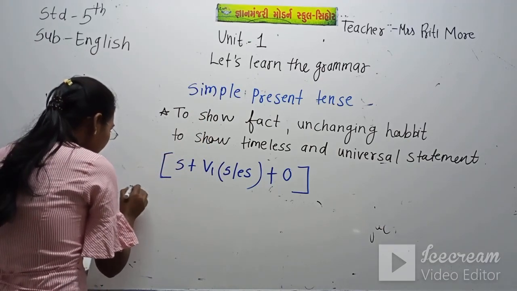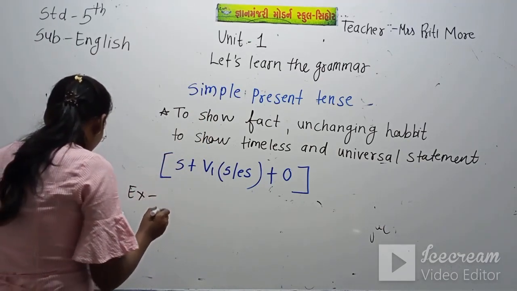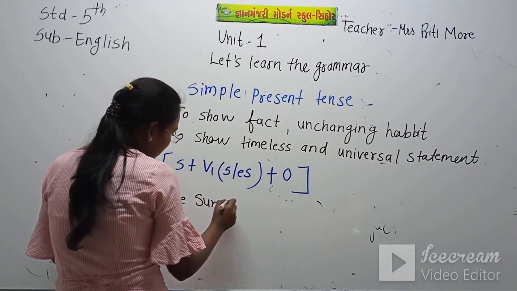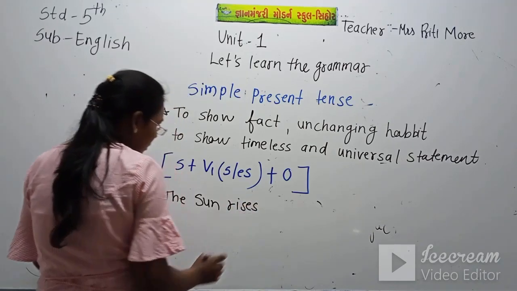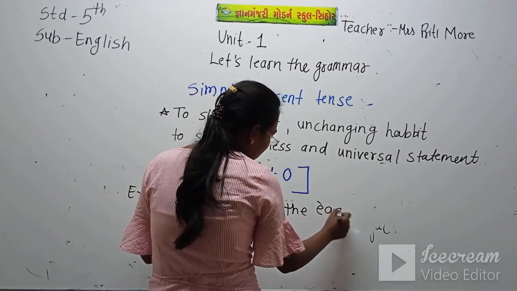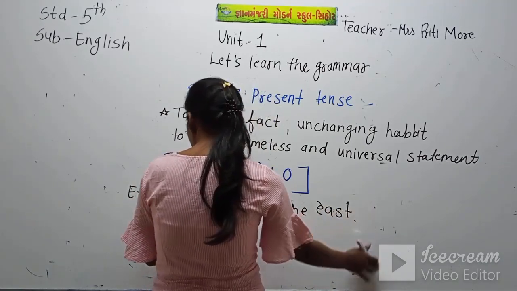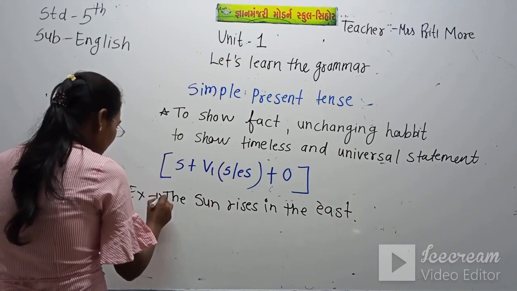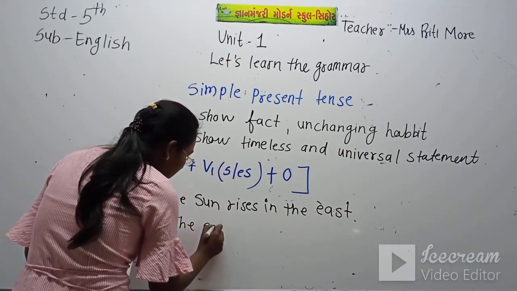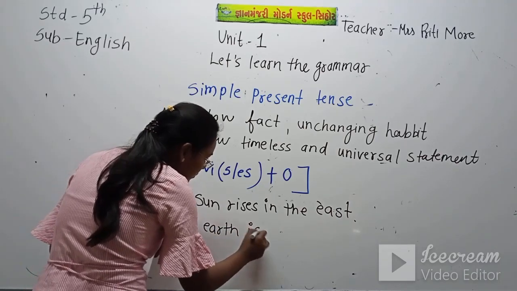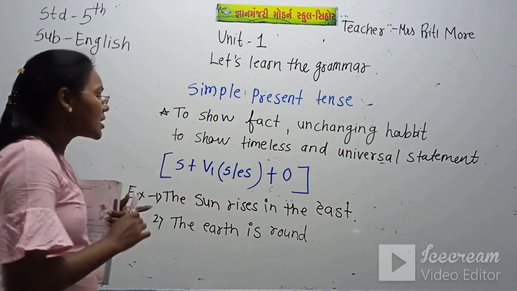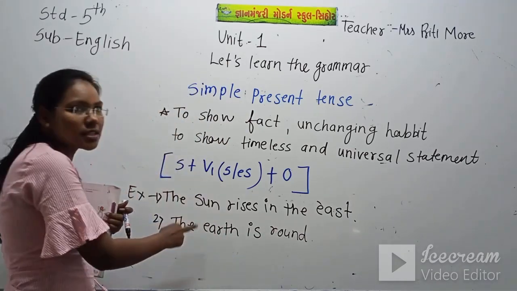For example, the sun rises in the east, and the second is the earth is round.